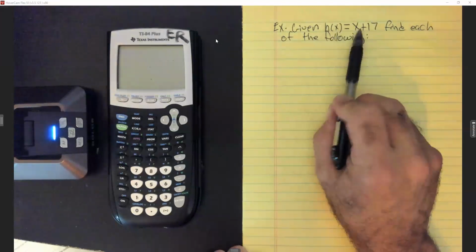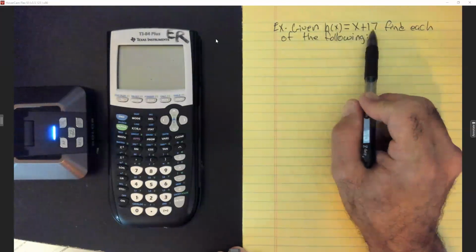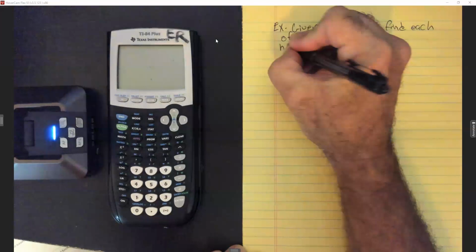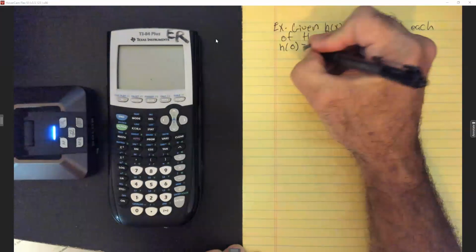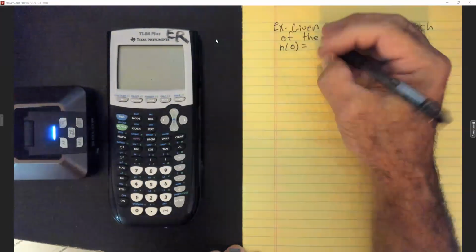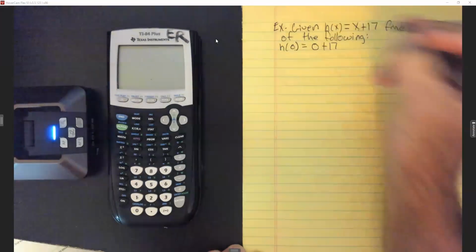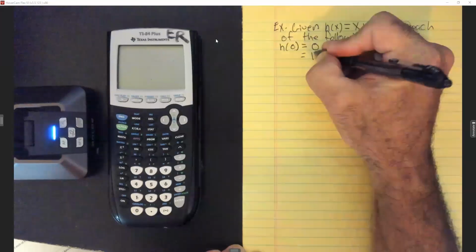All we do is put whatever number they give us in for the x, add that to 17, and get these answers, okay? So the first one they want us to find, h of 0. So h of 0, since they're telling me x is a 0 now, we're going to replace this x with a 0, and that's going to give us a 0 plus 17. And 0 plus 17 would give me 17.